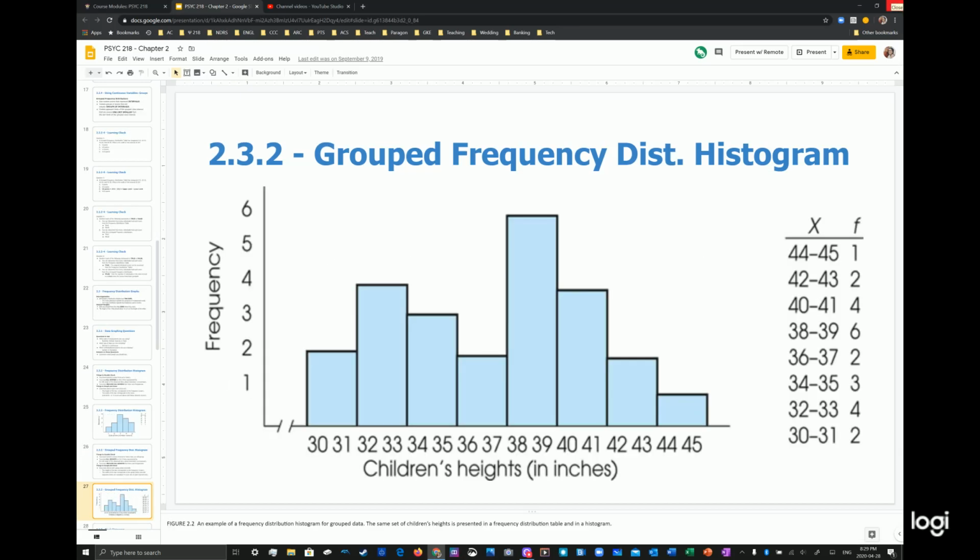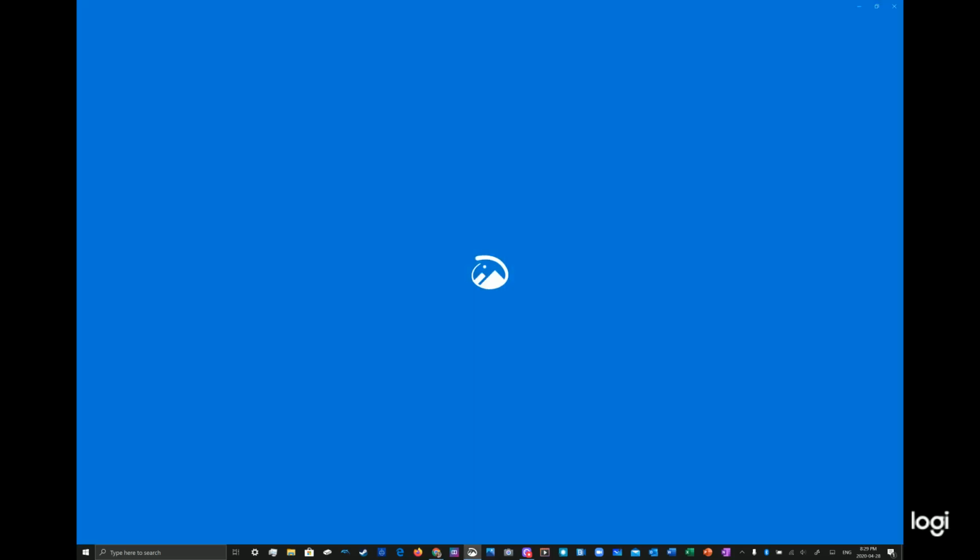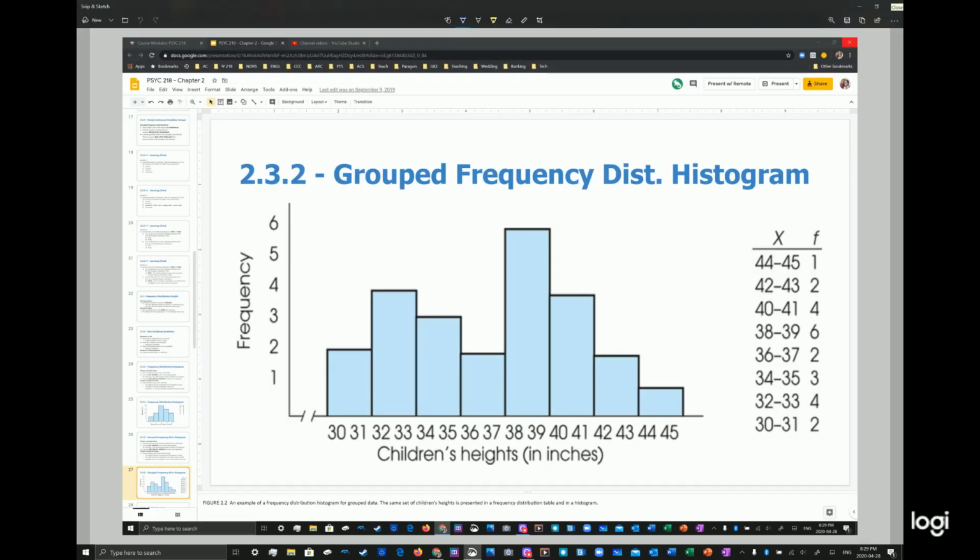So here is a picture of a group frequency distribution histogram. And here you have the interval, that is 2. Here the real lower limit is 29.5, and here the real upper limit for this interval between 30 and 31 is 31.5, and so on. There are possibly more scores here. It's not shown.